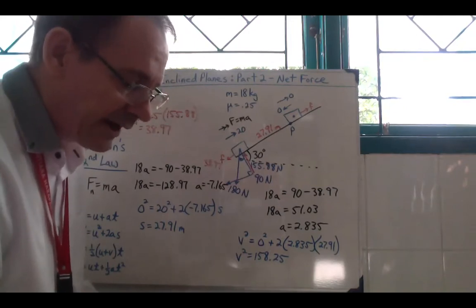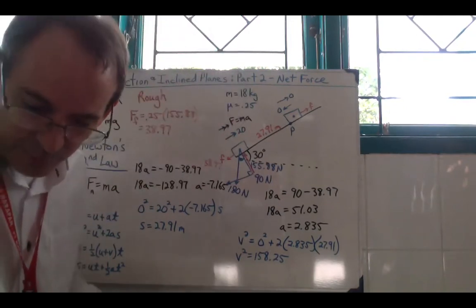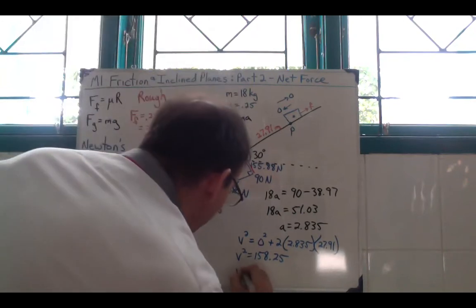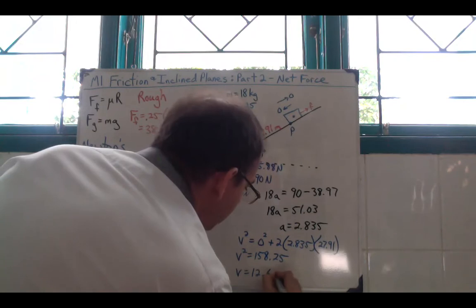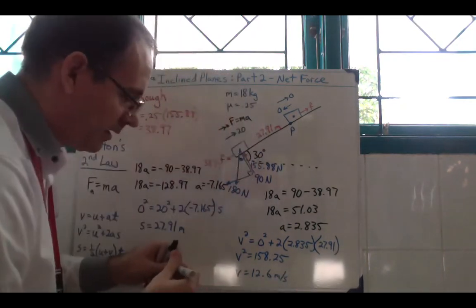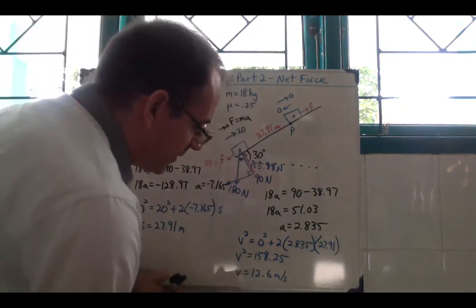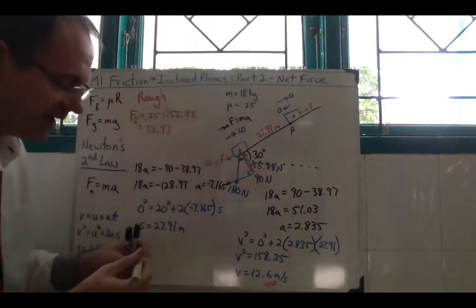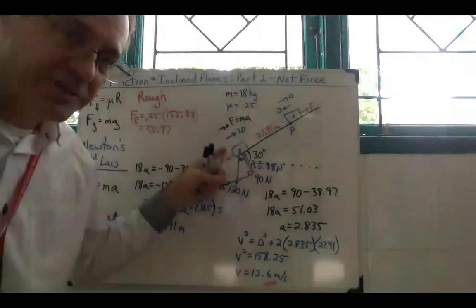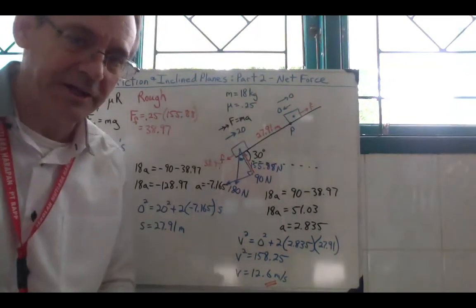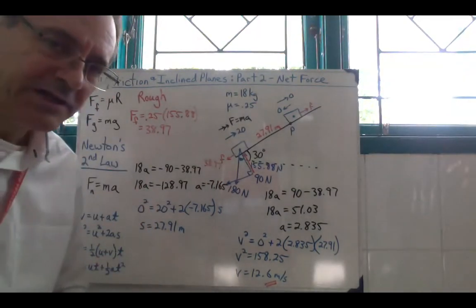So square root our answer, and we get 12.57, or v equals 12.6 meters per second. And that's to 3 significant figures. And there's our answer to the speed of what this box will reach when it gets back to the starting point. So here's our first question.